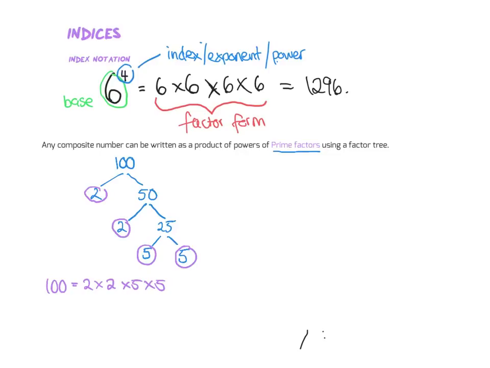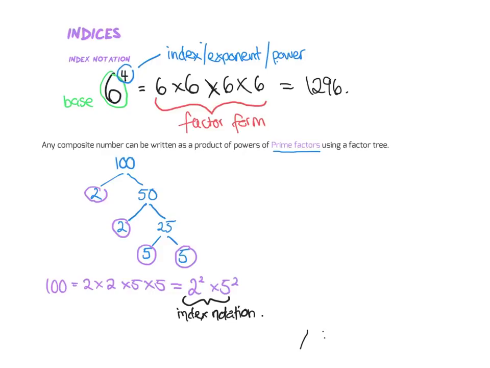So once we've got it out in that factor form, we can then write it in index form. So because I have 2 2's, and then I can say 5 times 2. Okay, so this is what's known as index notation. So I've just written out the 100 in index notation.